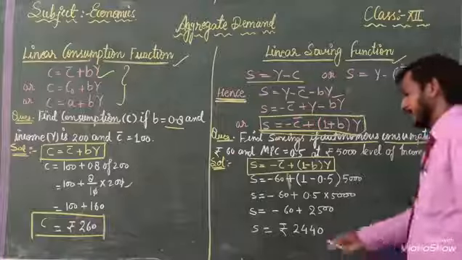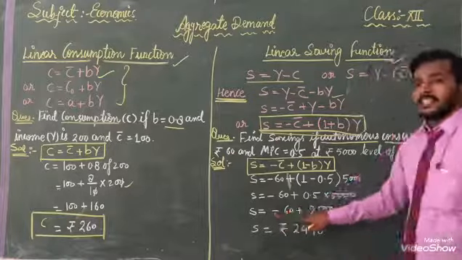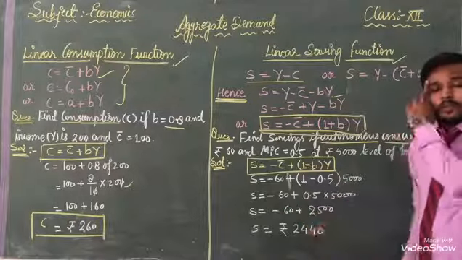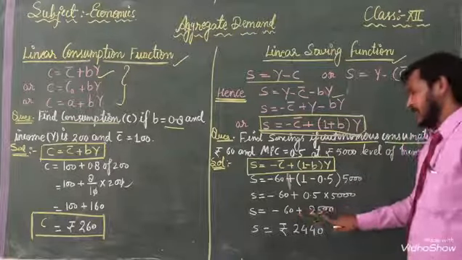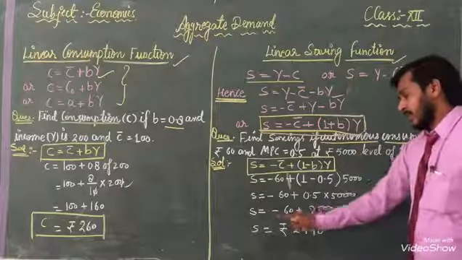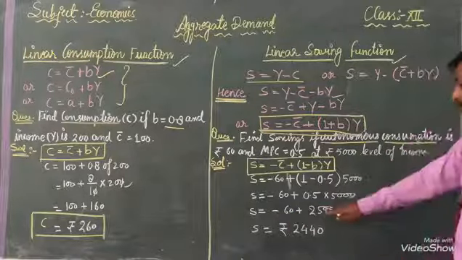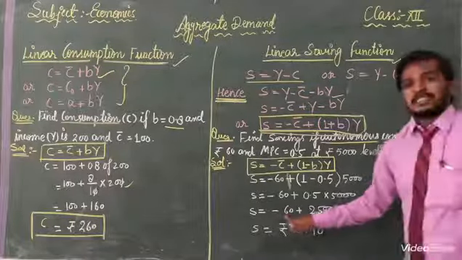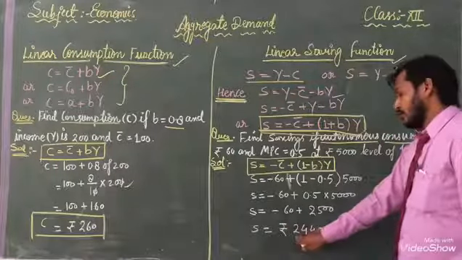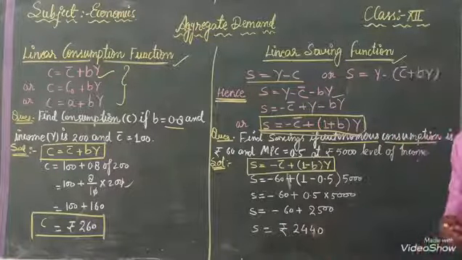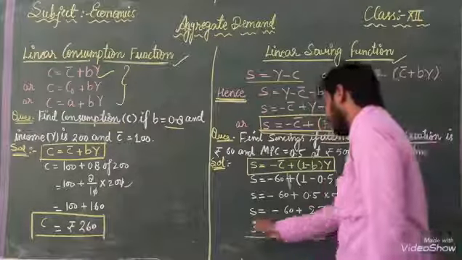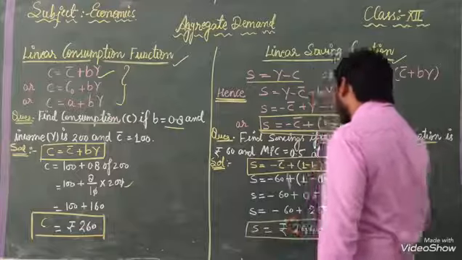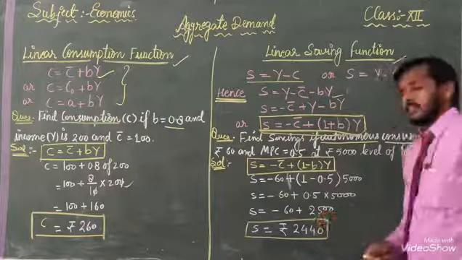After that, minus and plus is given in front of you, we will solve it. Then we subtract 2,500 minus 60 and we got 2,440 rupees. This is the value of saving.